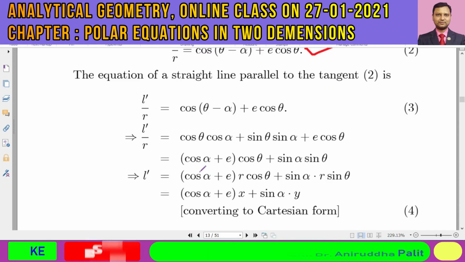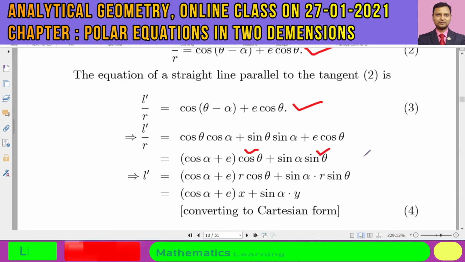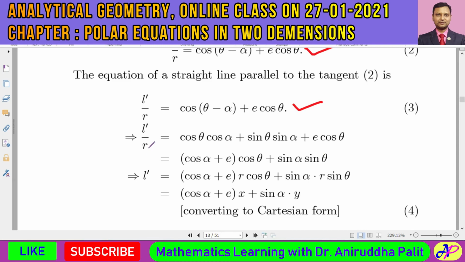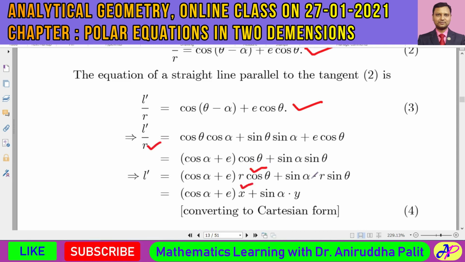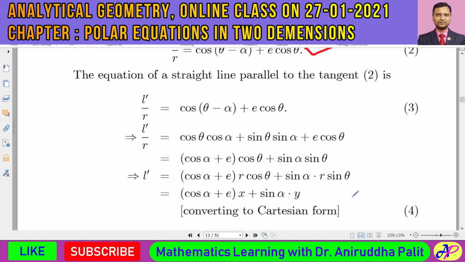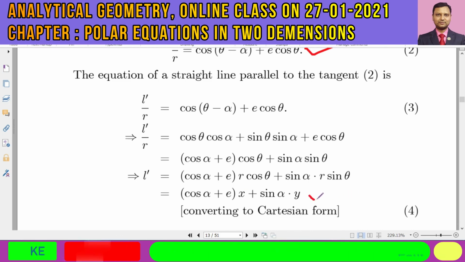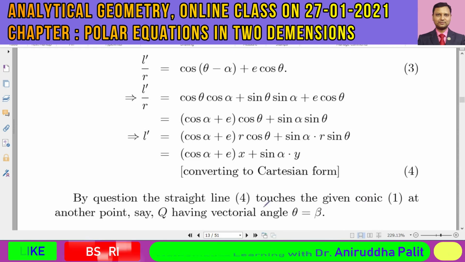And how to do this? You see, the right hand side expression has been decomposed, and cos theta and sin theta have been separated. Now if we multiply by r, then in place of r cos theta we will get x, and in place of r sin theta we will get y. So equation number 3 can now be converted into Cartesian form.